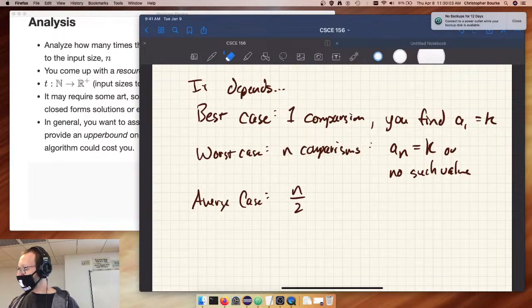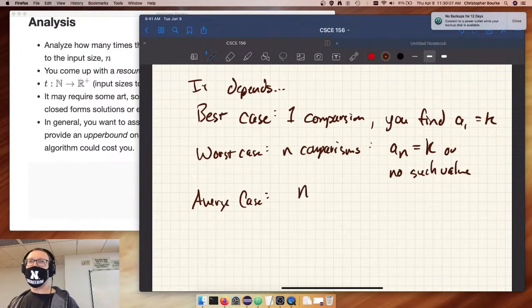Well, one naive way of doing it is take the best case and the worst case and average them together, right? And you get about n divided by 2. However, that's the naive way of looking at it.